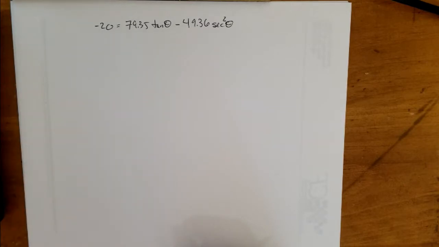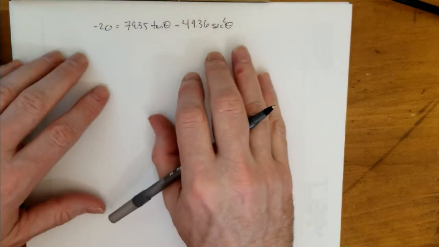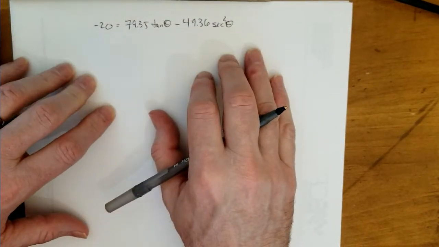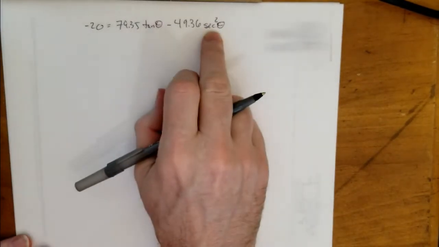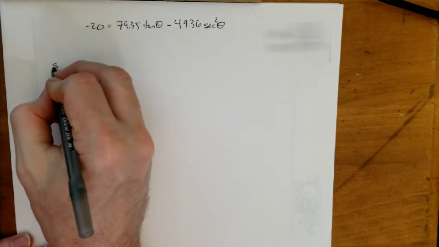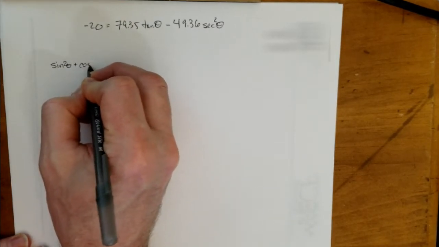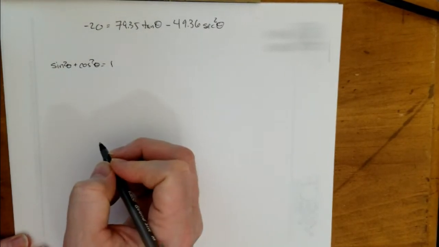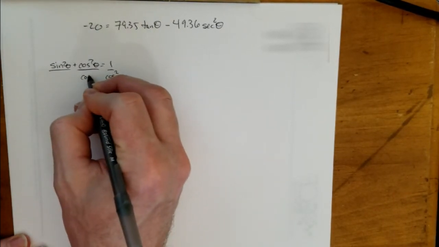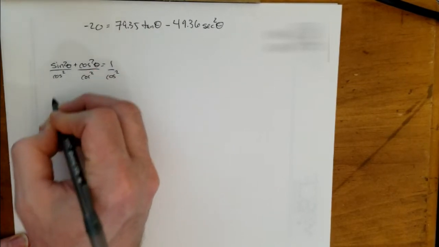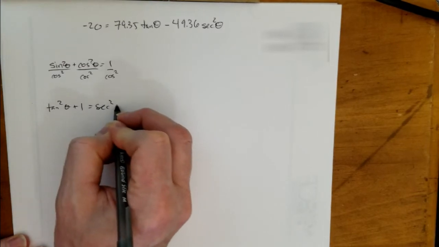Now, you could do it all in terms of sines and cosines, and then isolate either the sine or cosine, and then you end up with the radical, and then you square it. This is the slightly slicker way of doing it, because we do have a relationship there. I know that sine squared theta plus cosine squared theta is equal to 1. If I divide everything by cosine squared, I get tan squared theta plus 1 is equal to secant squared theta.